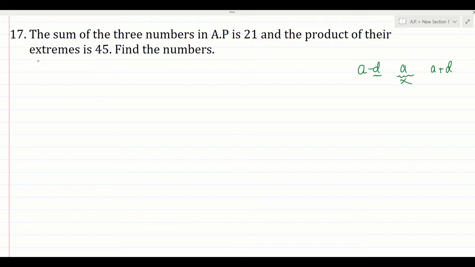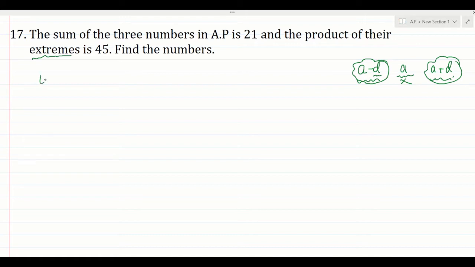Again, there is a word extremes. Extremes means those which are at a corner, A minus D and A plus D. So these two numbers are extremes because they are in the corner. One is in the left corner, the other is in the right corner. Is this clear? Okay, let's go to the question.